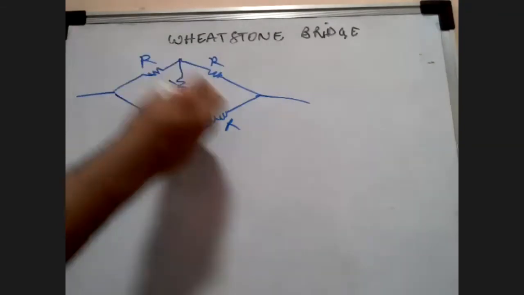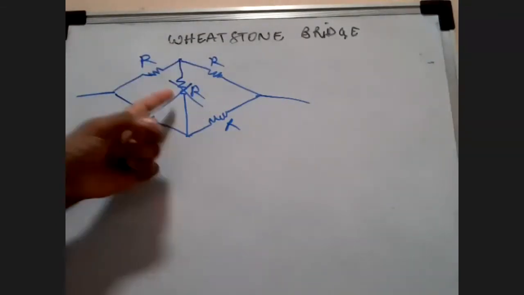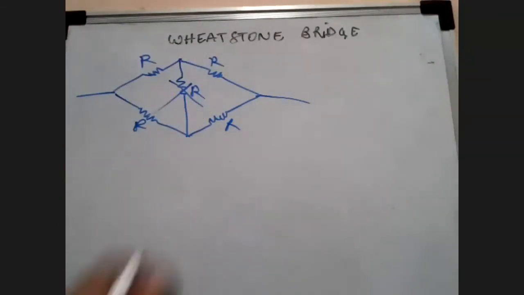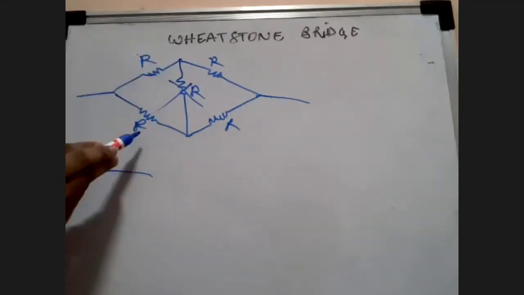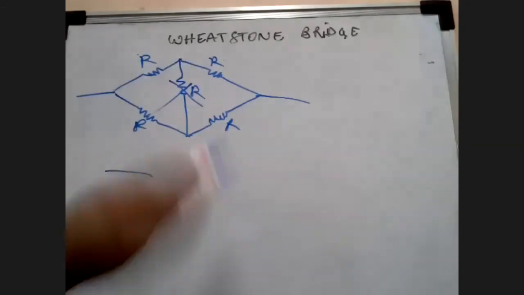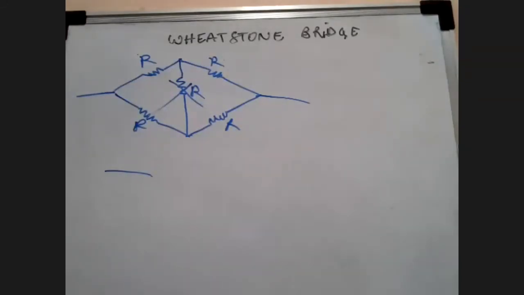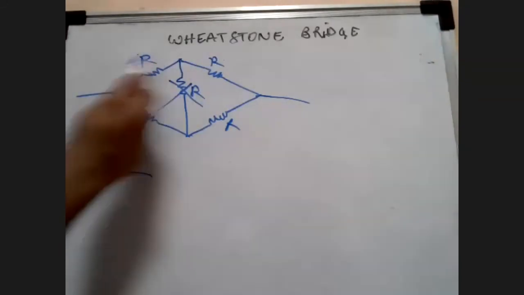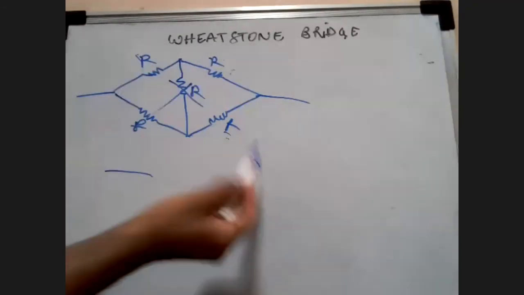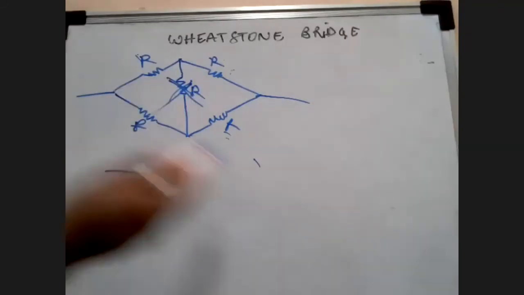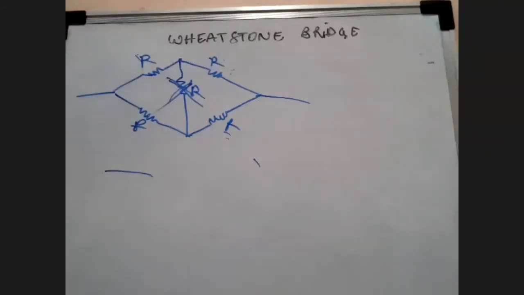Right now, we can consider the middle resistance to be insignificant because the ratio of R1 and R2, R3 and R4 are equal, or the ratio of cross resistors are also equal. So current will never pass through this at all. It's not a significant resistor.